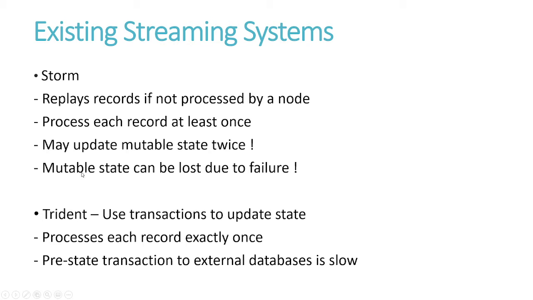The disadvantage is that records may be doubled and mutated, processed multiple times. So that is the reason why companies are moving towards Spark streaming and not Storm. But you should know about this. Trident has been built on top of Storm itself for transactional updates.